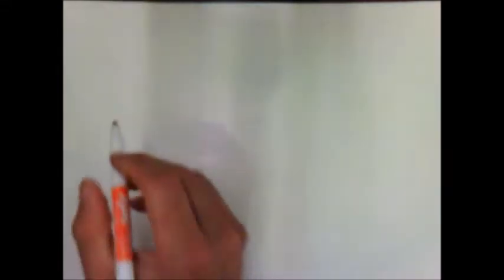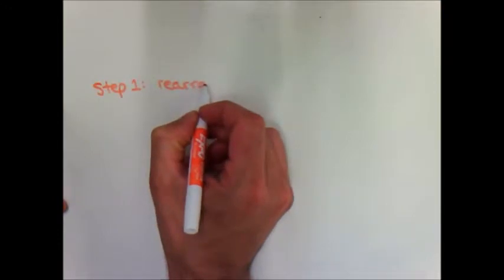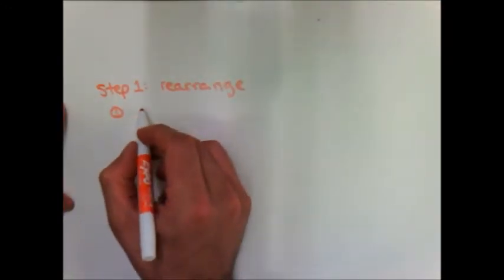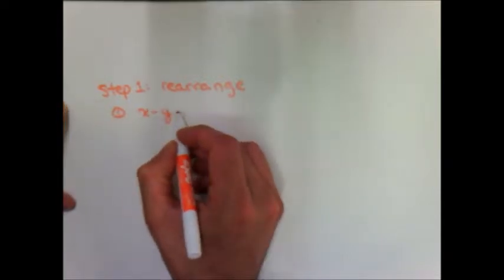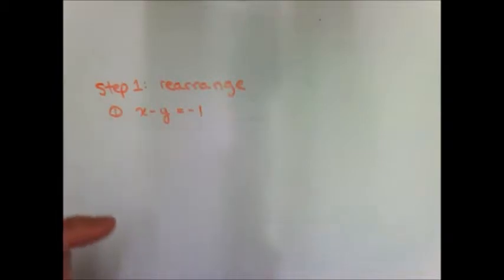So y is by itself, so all we need to do is step one, rearrange. So we'll take equation number 1, which is x minus y equals -1, and we need to rearrange it into the form y equals mx plus b.